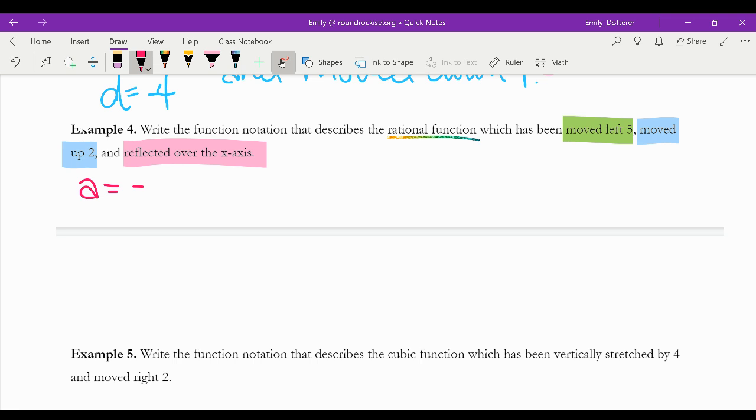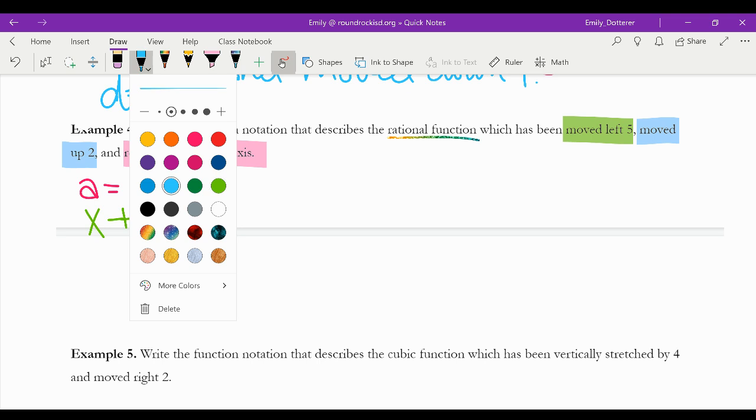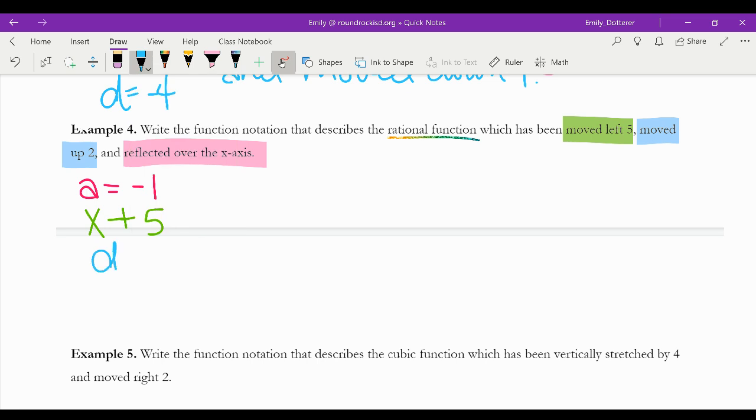We don't know anything else about the a value, so it'll be 1. We know that the graph has been moved left 5, so inside those parentheses we're going to have x plus 5 because it's going left. And we know that it's going up 2, so the d value will be positive 2.